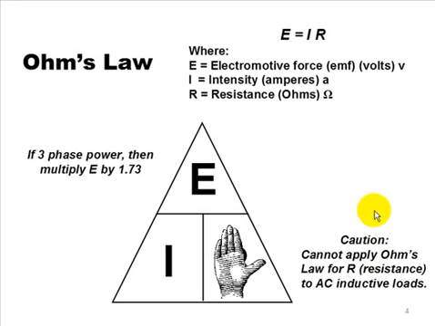Caution: you cannot apply Ohm's law for resistance to AC inductive loads. An inductive load is a motor. Anything that draws a higher amperage when it starts as opposed to when it runs, you can't apply Ohm's law. It doesn't work. Because inductance typically is associated with solenoids, coils, stator, rotor windings, that kind of thing.